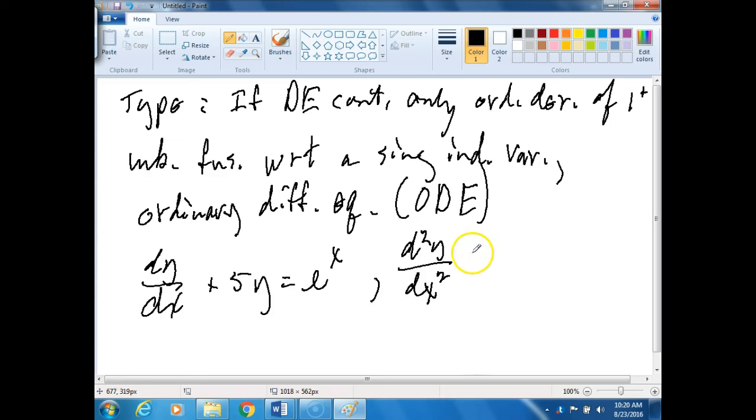You could write that as y double prime. dy/dx plus 6y equals 0. That's an ordinary differential equation because all of these are ordinary derivatives. One single independent variable. Y is a dependent variable, okay?